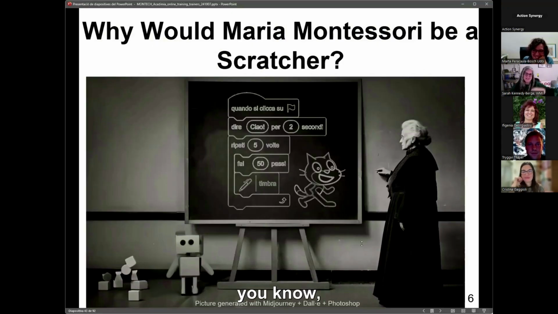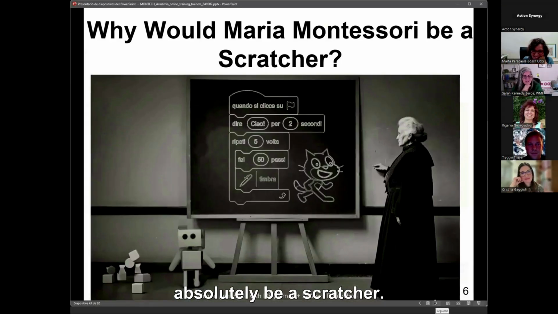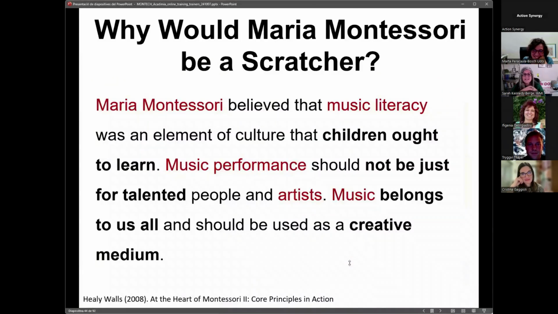This is her, with the Scratch blocks, and showing how Maria Montessori would probably absolutely be a scratcher. So using Scratch, because it just incorporates all of the principles that we think of in the Montessori methodology.